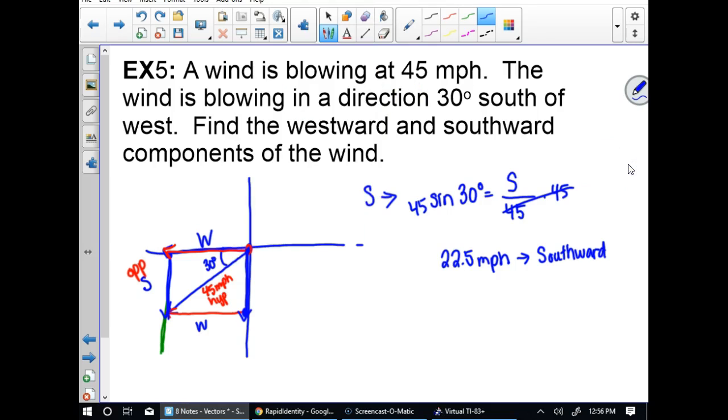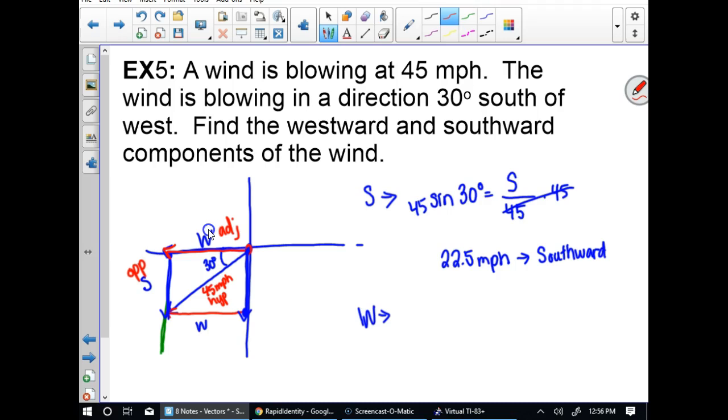Alright, now we need to go back and find westward. We could use this side that we just found if we want. I typically just like to use the 45 side, because it's not rounded. So if I'm looking for W, for my westward component, then this is still my hypotenuse that I want to use here. Westward, that would be my adjacent.